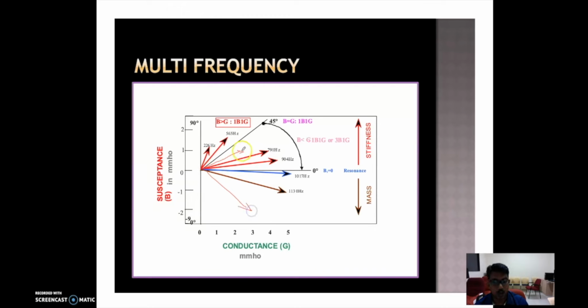So you get a 1B 1G pattern at 226 hertz, and you start getting a 5B 3G pattern at 1000 hertz itself. So that is an indication of mass dominant pathology. That is how we use the Van Huyse model to figure out whether the system is mass dominant or stiffness dominant pathology.